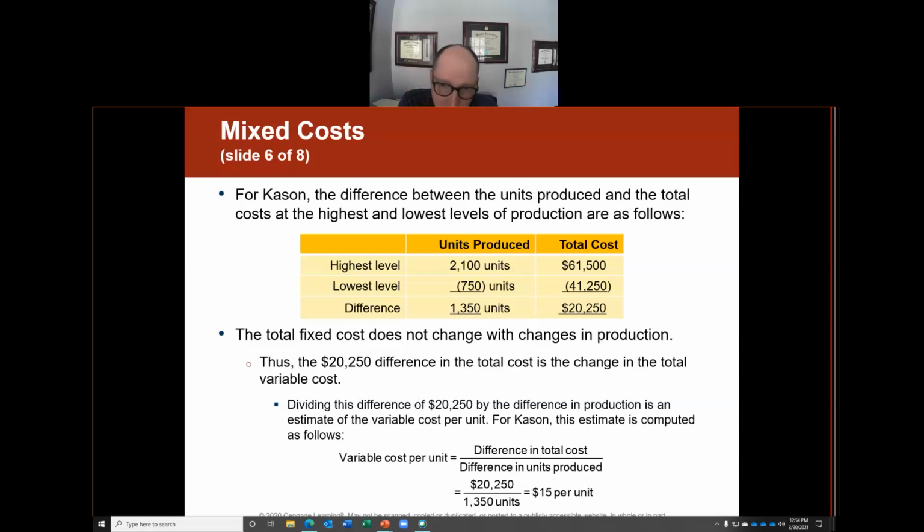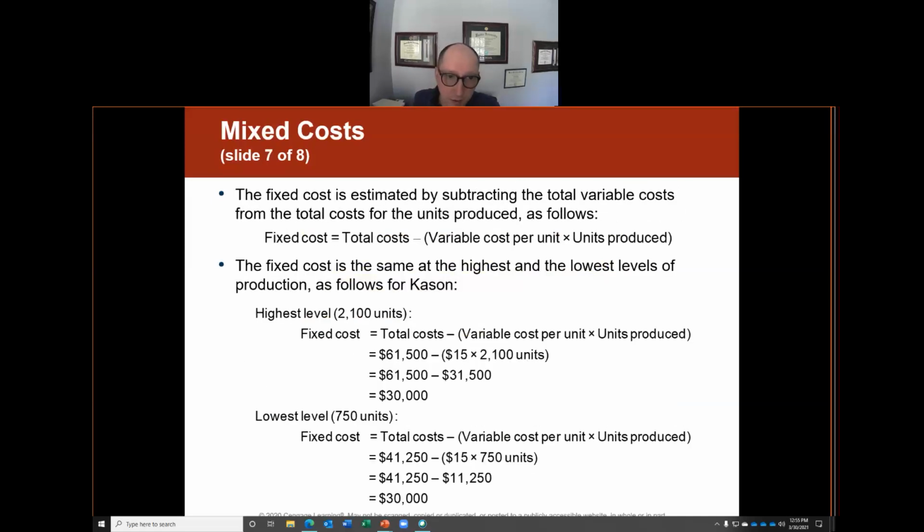Difference total cost, 20,250, divided by difference in units produced, 1,350, equals $15 per unit. It is my variable cost per unit. That's how we find variable cost per unit using the mixed cost method, or the high-low method.